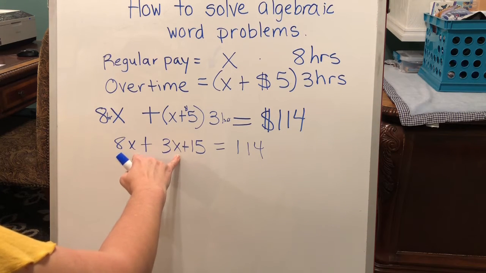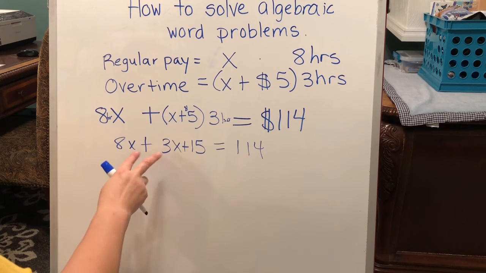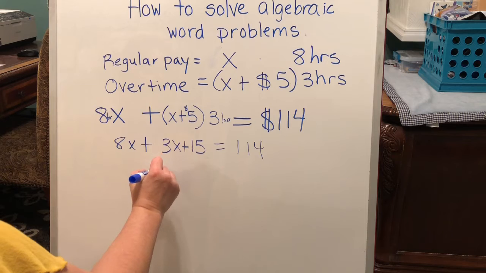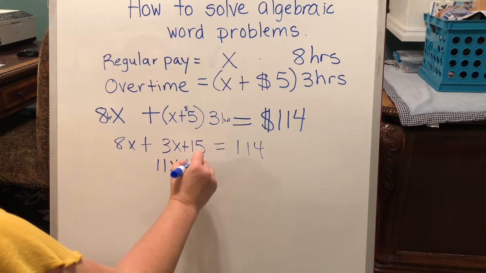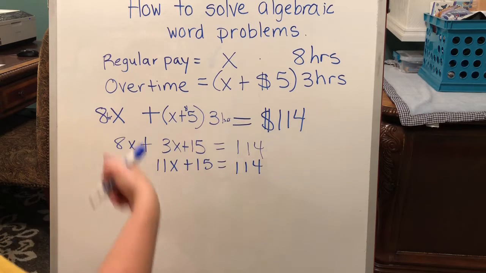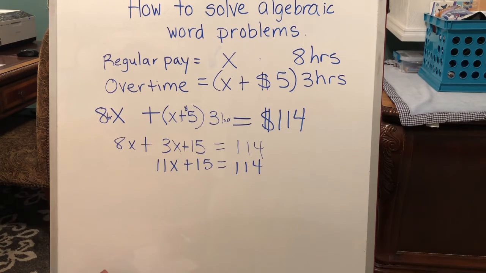Same variable, same exponent, so we can put those together. 8 x's and 3 x's make 11 x's plus 15 equals 114. We rewrite our problem every time to stay consistent and keep it clean. And make sure you don't skip any steps or skip any subtracting from this side. You've got to do it to that side.